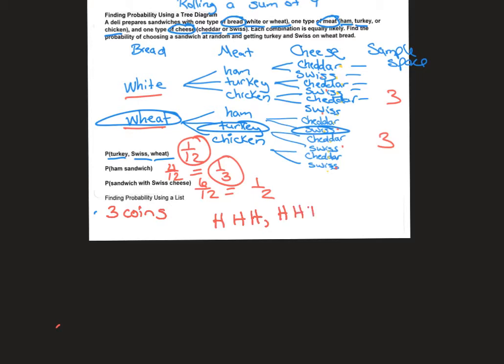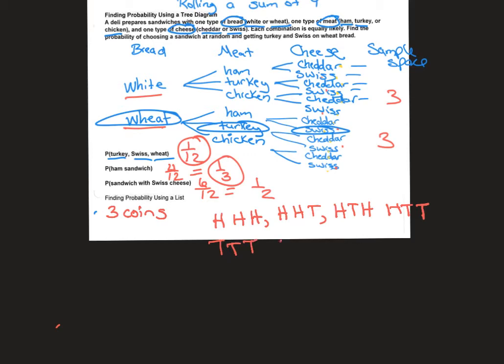Then on my next one, I could get heads, heads, tails. I could get heads, tails, heads. I could get heads, tails, tails, right? Okay, now that was starting with H. Now if I start with my tails, I could get tails, tails, tails.